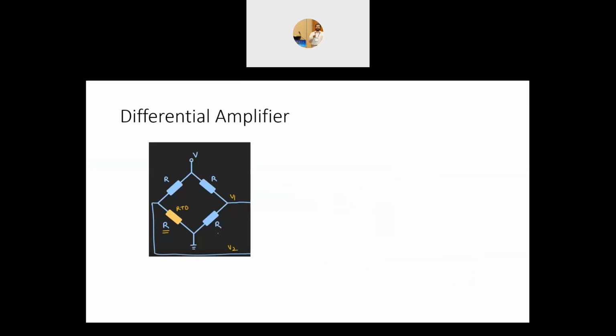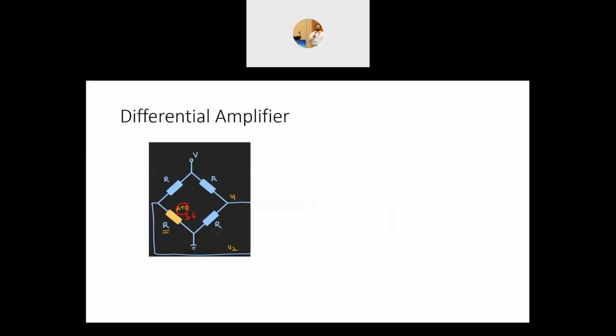To start with, this is the Wheatstone Bridge. And the Wheatstone Bridge is a very famous circuit that we use in conjunction with sensors like RTD, like strain gauge as well, and other sensors which are resistive sensors. And we put them in the bridge, and we start with a balanced bridge.